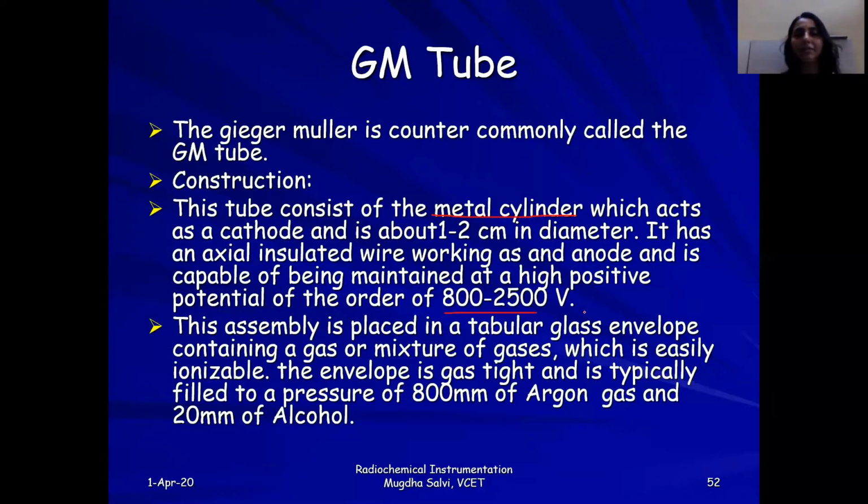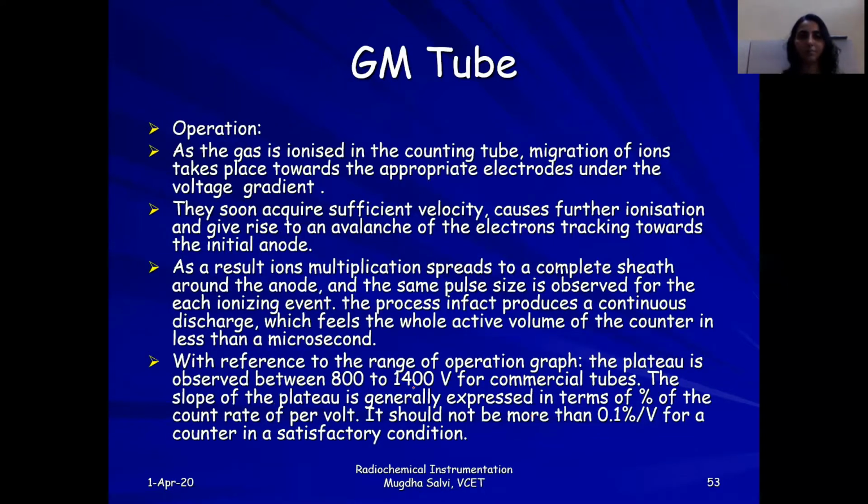It operates at a very high voltage, 800 to 2500 volts. This assembly is placed in a tubular glass envelope containing a gas mixture of argon and alcohol. Operation, as I said, is mostly between 800 and 1400 volts. There is fast multiplication of ions and then the pulses.